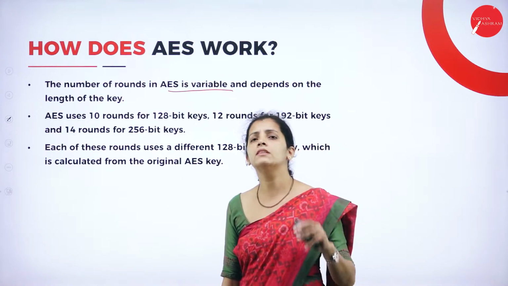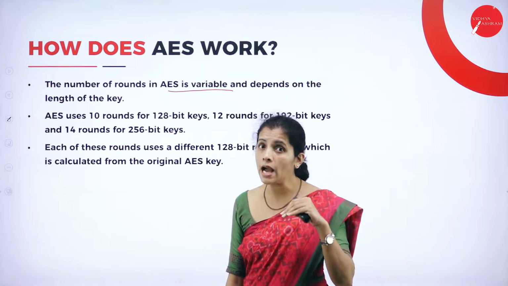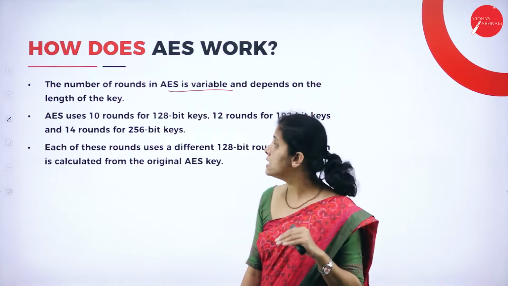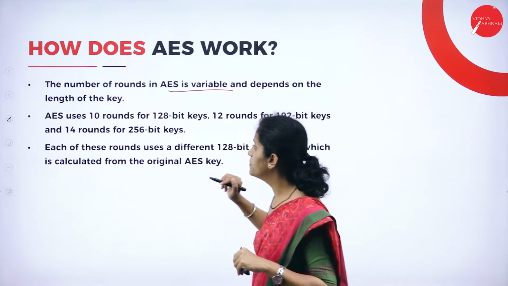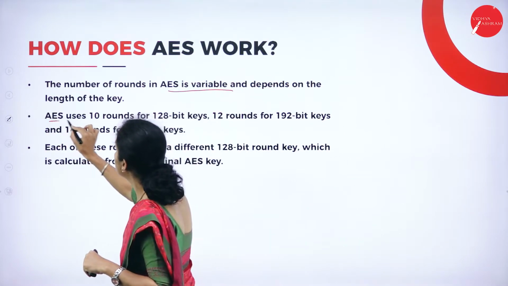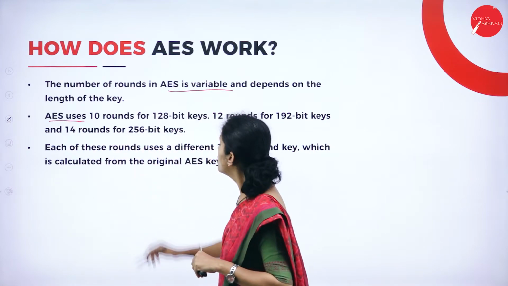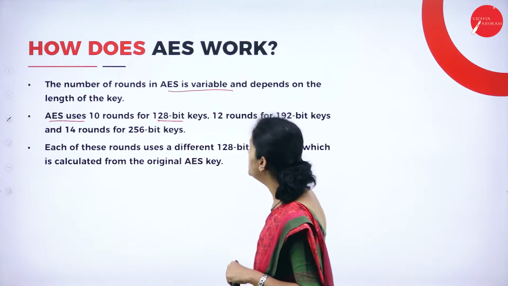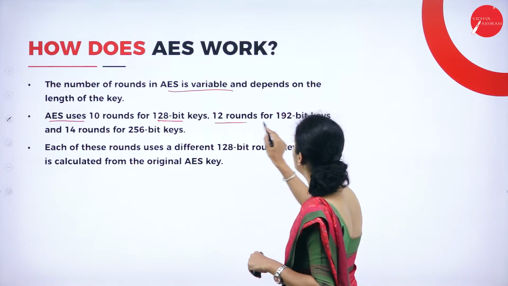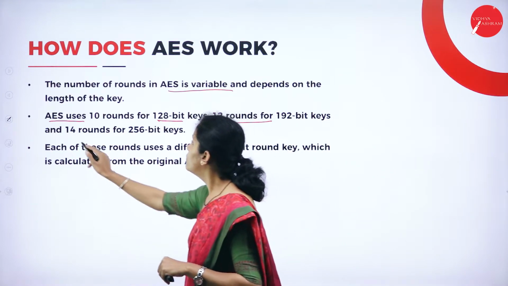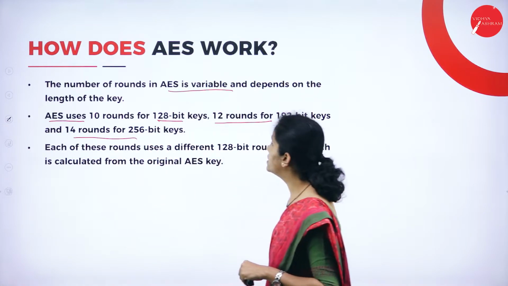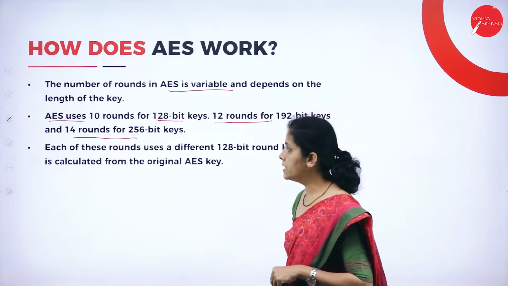That means whatever the number of rounds I'm going to have in my AES is mainly based on the key length. And here AES uses 10 rounds for 128-bit keys, 12 rounds for 192-bit keys, and 14 rounds for 256-bit keys.